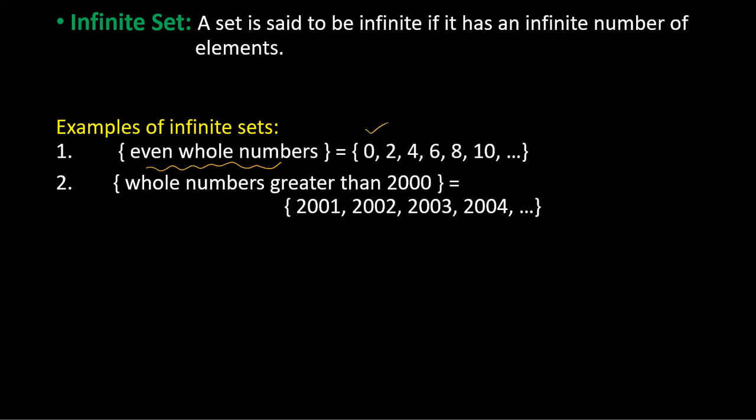There are a lot of even numbers, and we cannot say how many even numbers there are in this set. So this is why it's an infinite set. Whole numbers greater than 2000. Again, this is an infinite set because there are so many numbers more than 2000. So this is an infinite set.